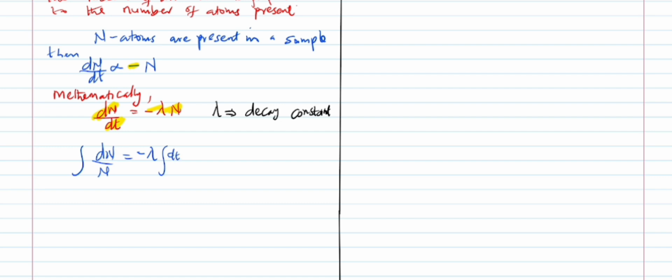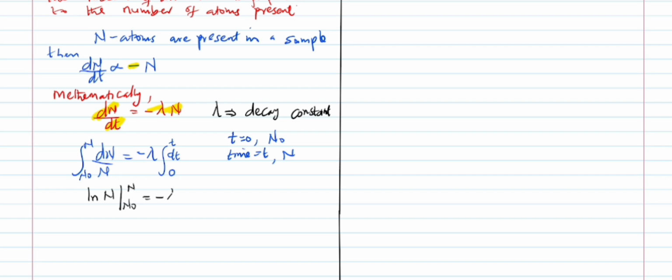Suppose the number of atoms present at time t equals 0 is N naught, and the number of atoms present at time t is N. Then the atoms would have decayed from N naught to N. On integrating, the integral of dN over N is ln N, evaluated from N naught to N.